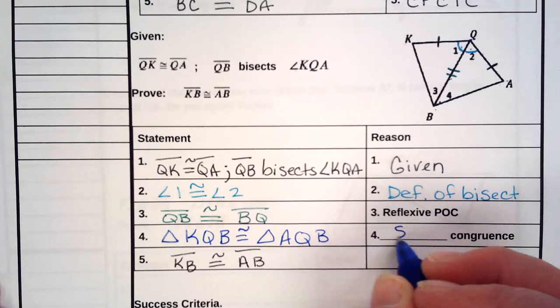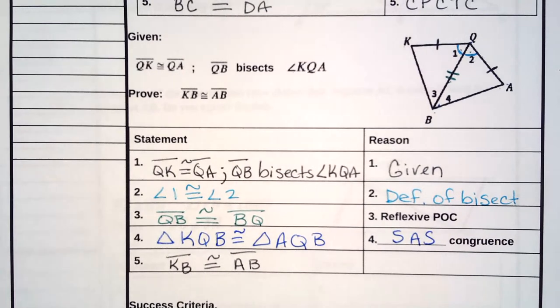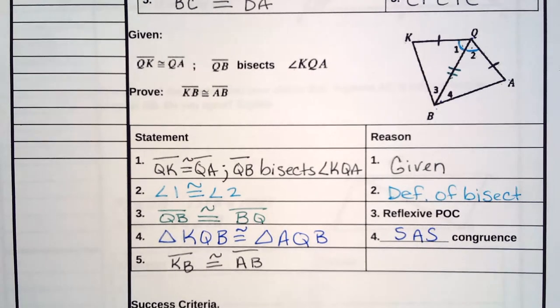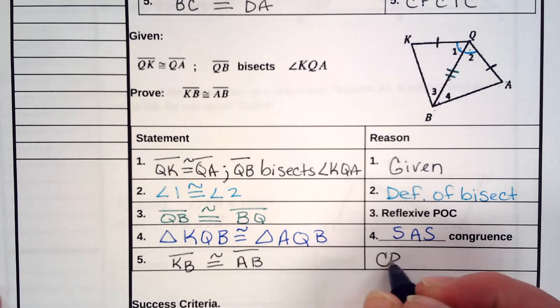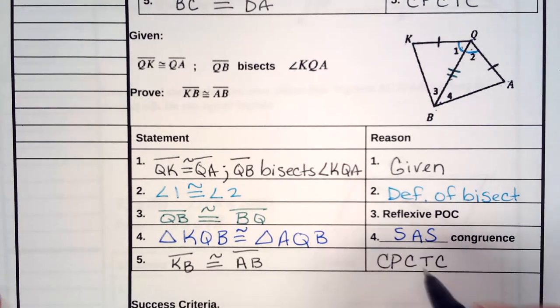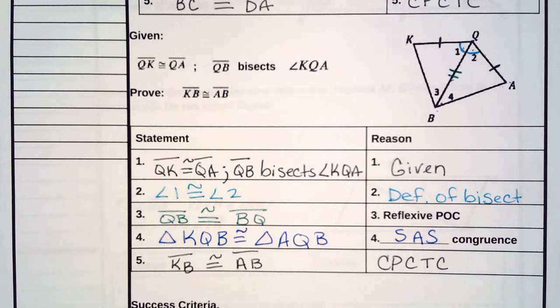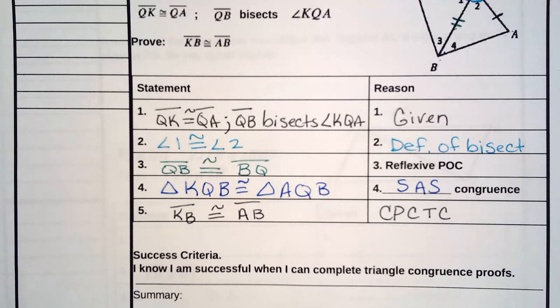And that is by side, angle, side. Once again, I've gone to all that work to prove two congruent triangles. What comes next? CPCTC. So, by CPCTC, those two pieces are congruent because they're the corresponding parts of congruent triangles.